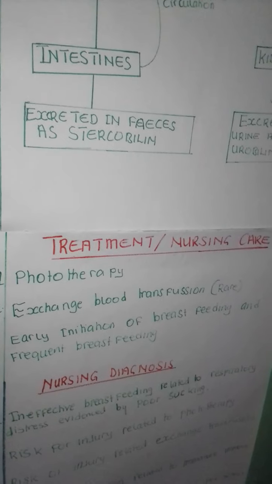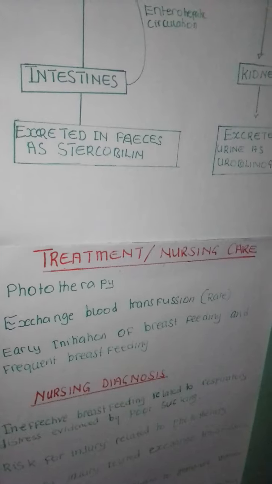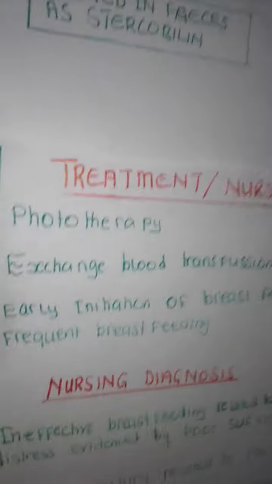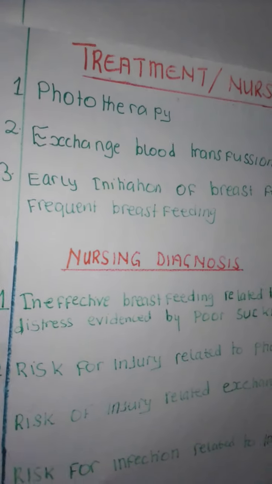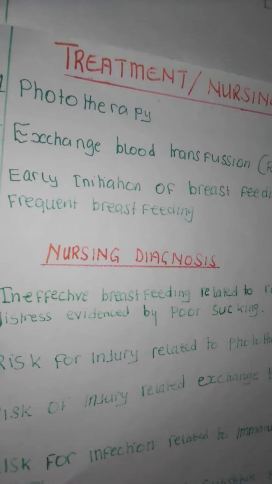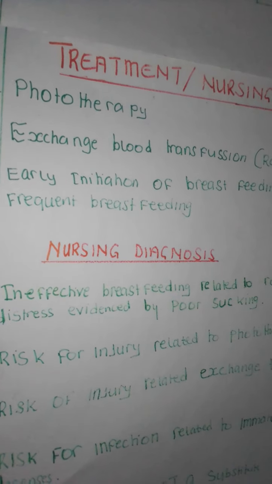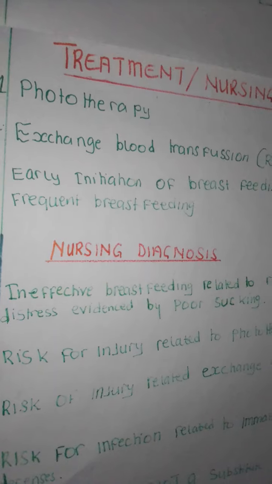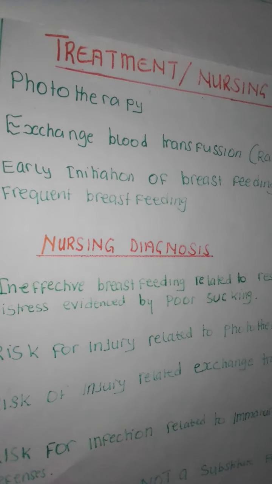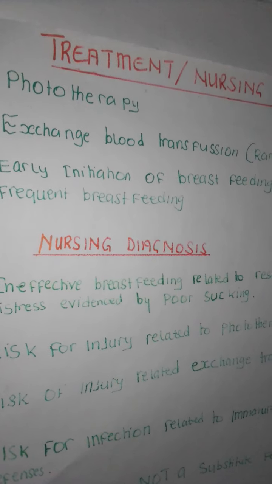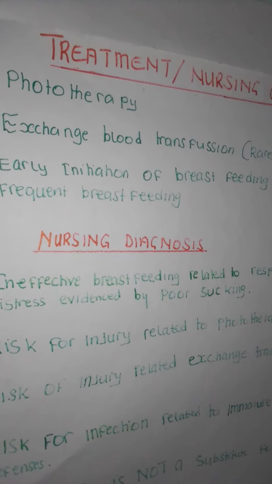What are the nursing diagnoses that can be made? Remember, as you are nursing the patient, you need to take care of the patient under phototherapy. You observe for dehydration, and you turn the patient so that all parts of the body are exposed and the patient is not overheated in one area.